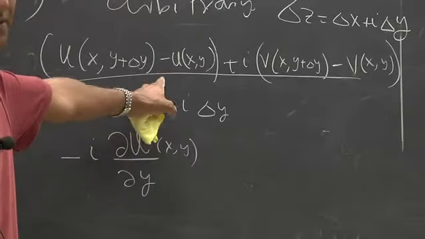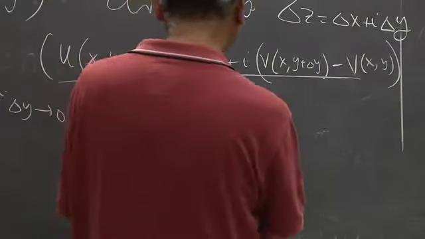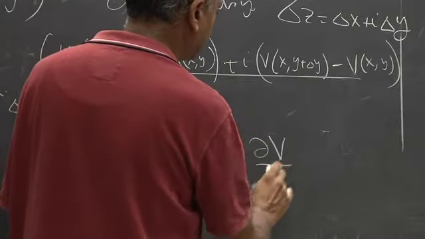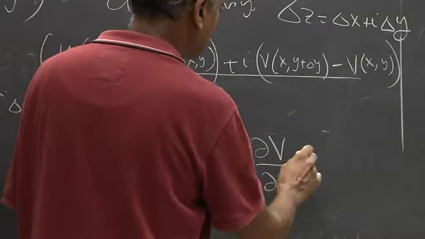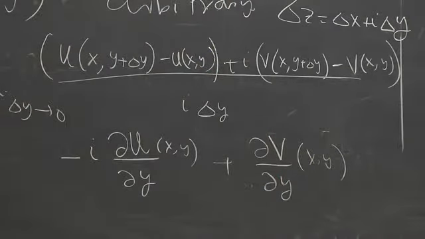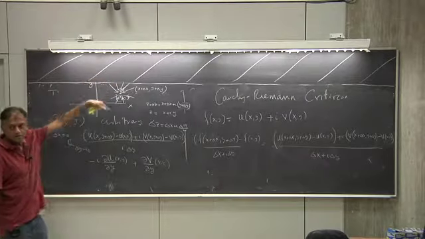That's the definition of the partial derivative. And in the second term, i cancels, and that simply gives you the partial derivative dv by dy at again x y. So this is the way when I'm coming vertically down.